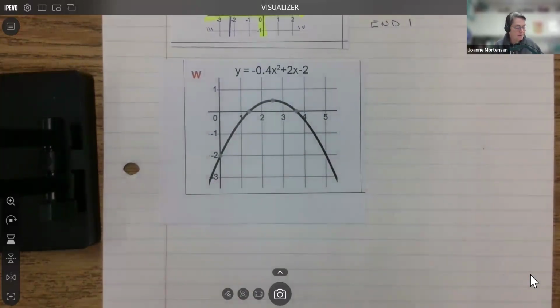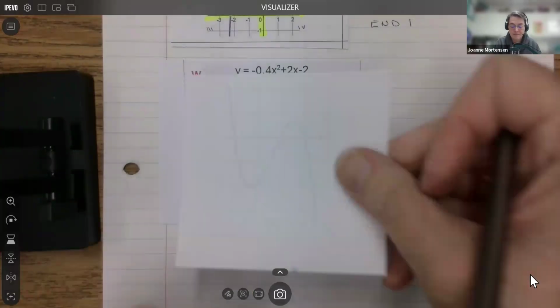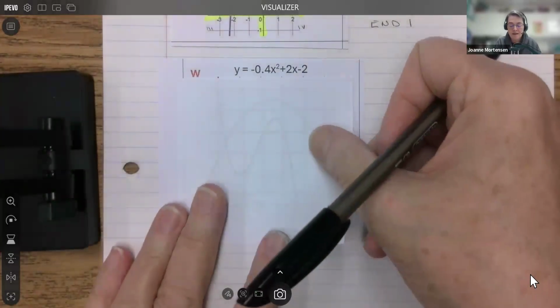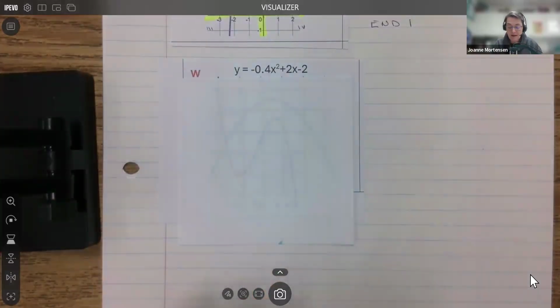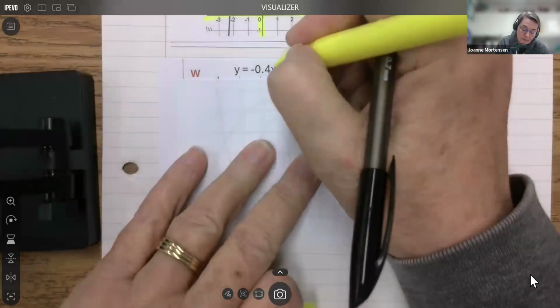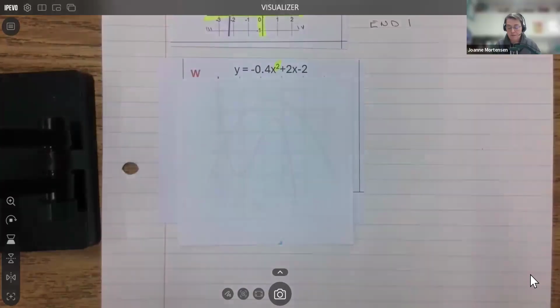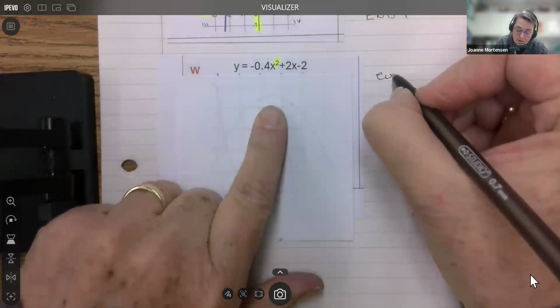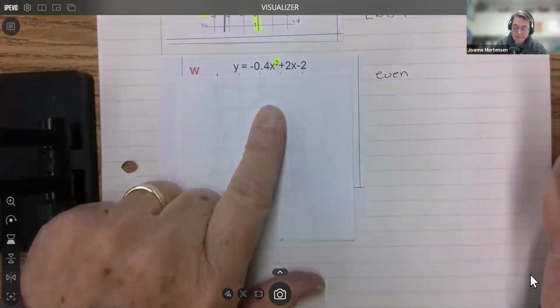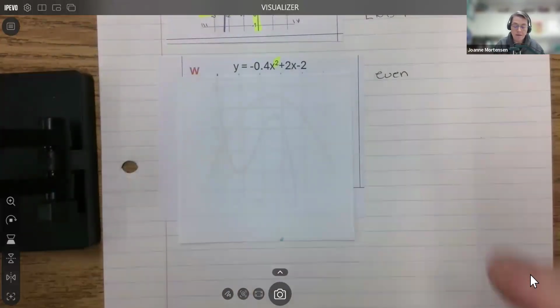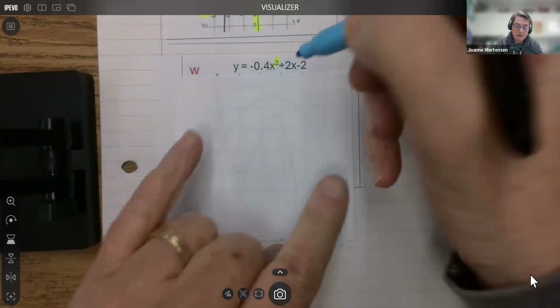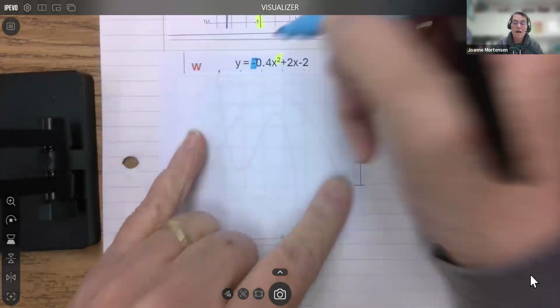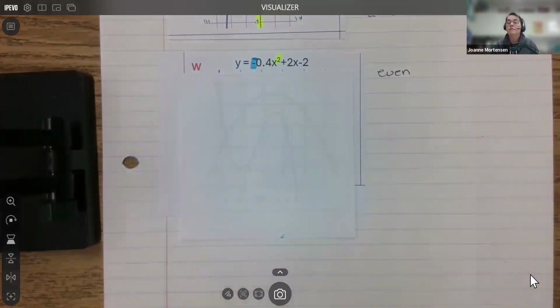All right. Let's do it the way we just did. Let's see what we can get out of the equation and go from there. Okay, highest exponent, which is the degree. Well, usually there's only one. And 2 is an even number. And the leading coefficient, I don't really care. It's 0.4.